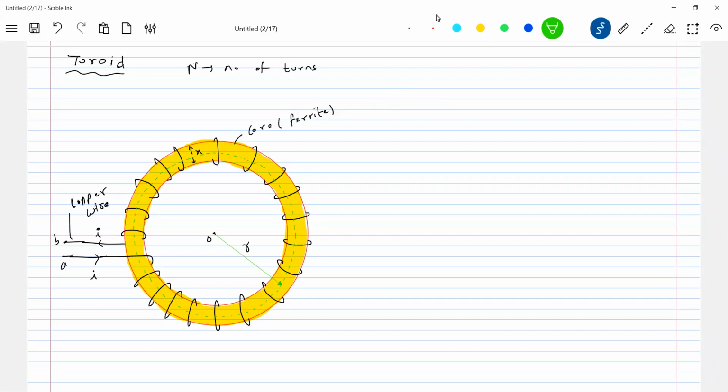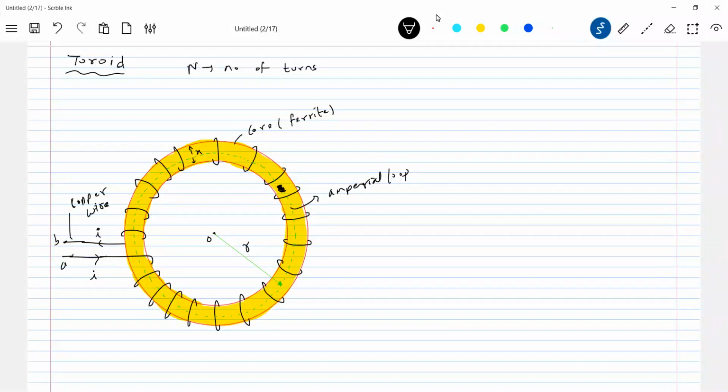That is an Amperian loop or path, anything you can write. And let the field be B bar.